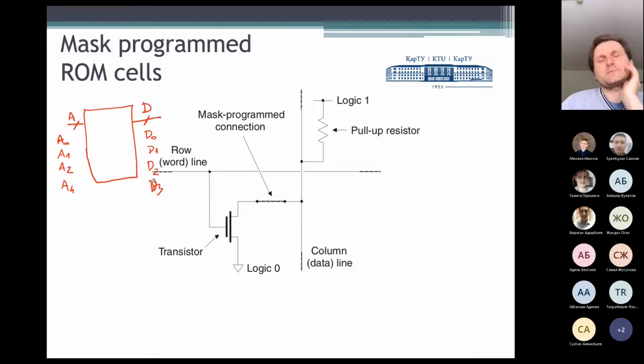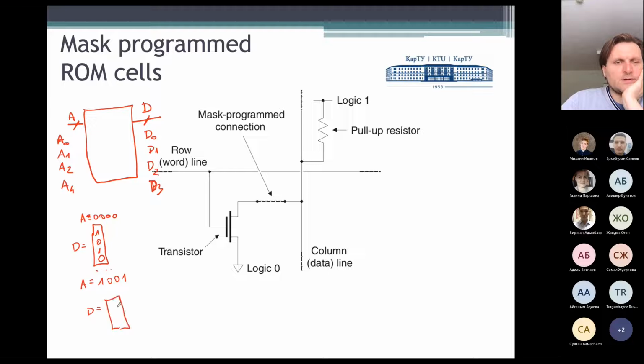We may program the cells of the memory, because the address of that cell is 0, 0, 0, 0, and D is equal to 1, 0, 1, 0. Next address, for example, is 1, 0, 0, 1, and the data value is 1, 1, 1, 1.